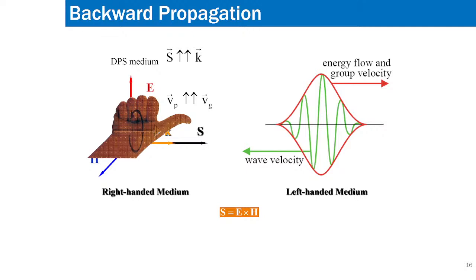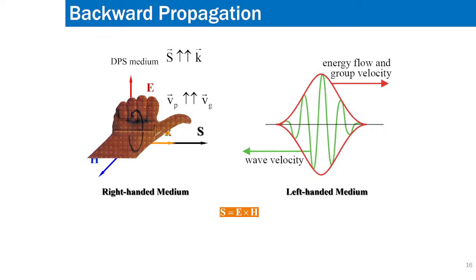Wave velocity is the phase velocity. So phase velocity and group velocity are in opposite directions. Energy flow is along the group velocity, and wave velocity is in the opposite direction.